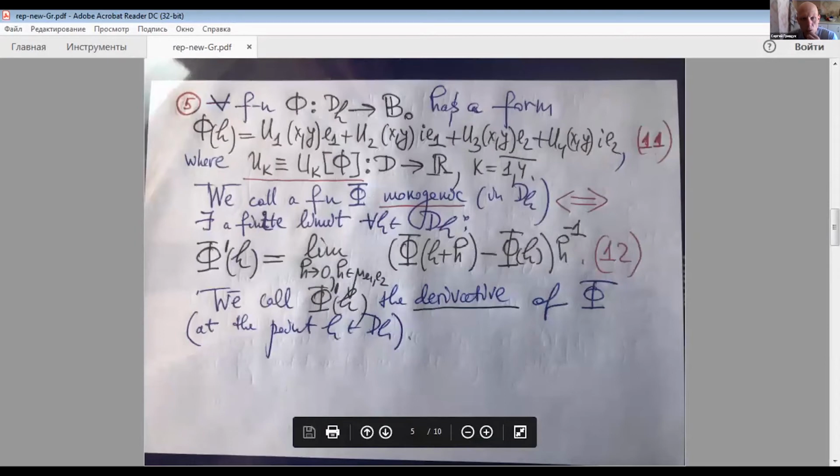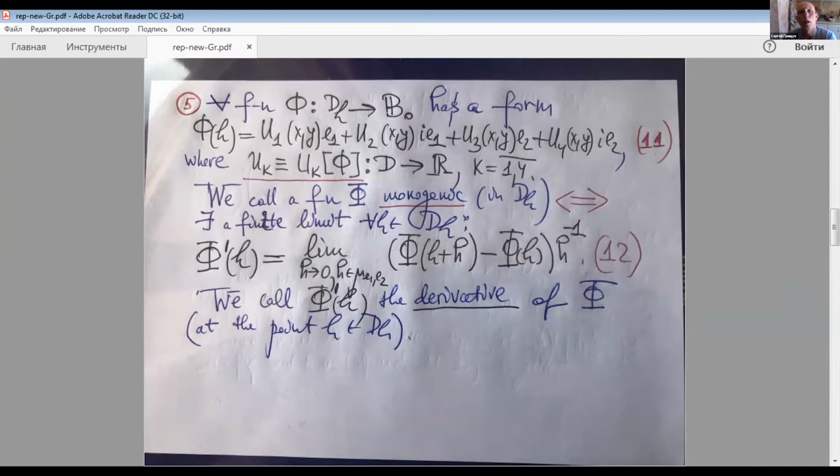Now we are ready to develop a notion of monogenic functions. Any function defined on the domain D zeta and taking values in the algebra B0 has the form 11.